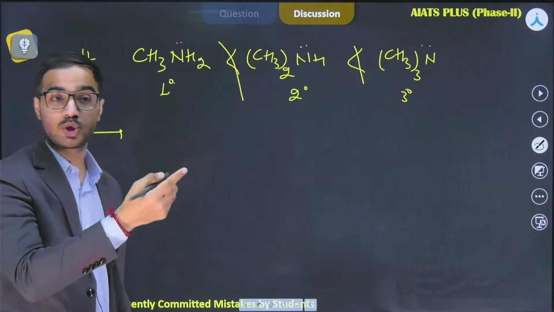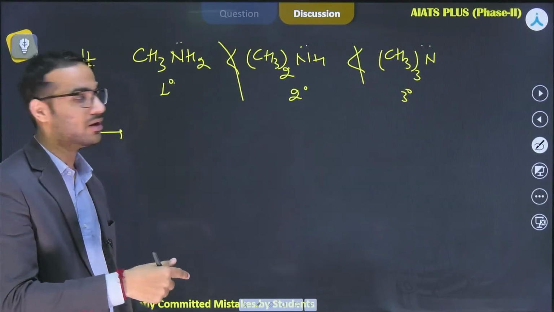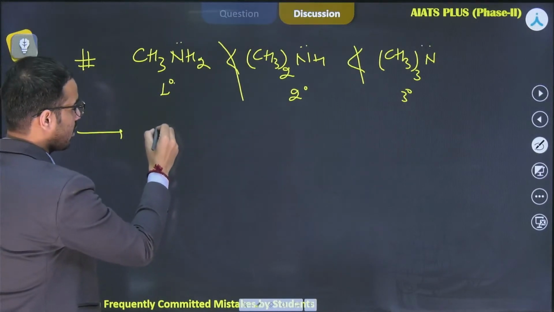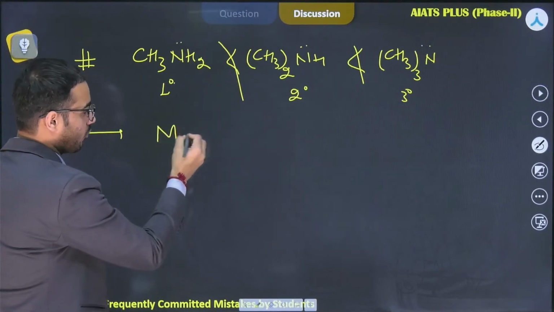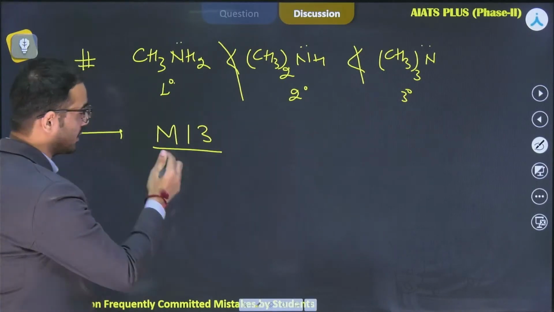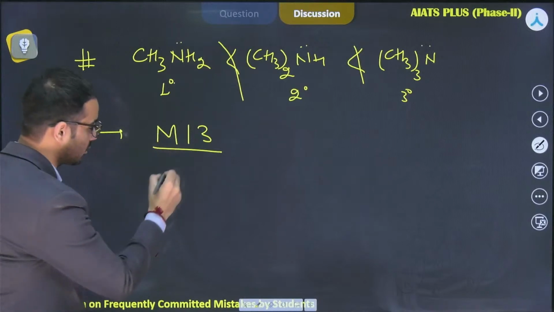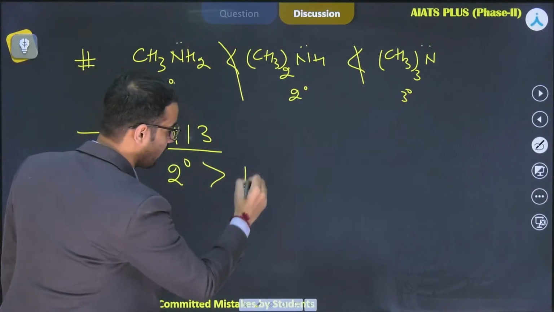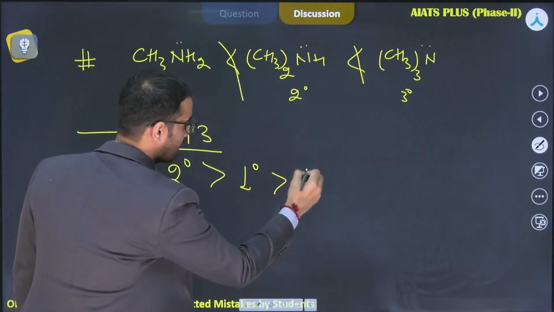By utilizing the solvation enthalpy and the inductive effect, the observed order is, you can remember it from M13. Always having the 2 degree amines as the most basic, then 1 degree amine, then 3 degree amine.